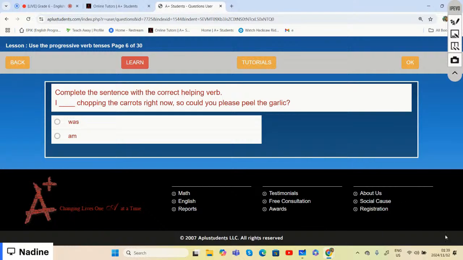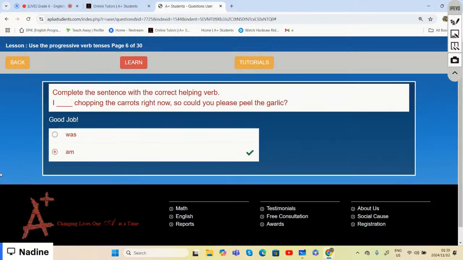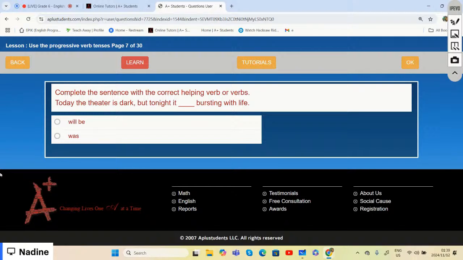All right, so we say, I am chopping the carrots right now. So, am is correct because it's something that she's doing now.